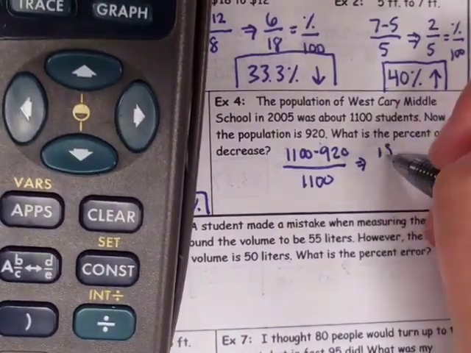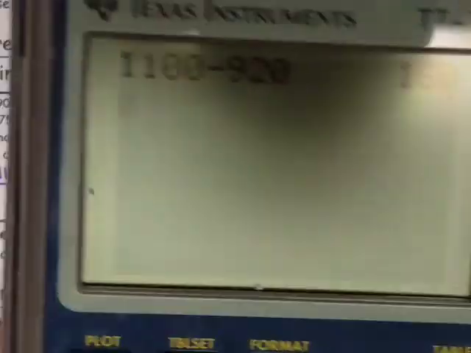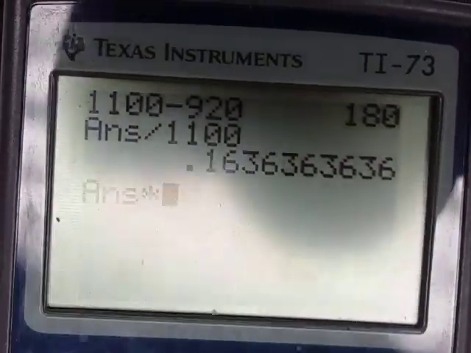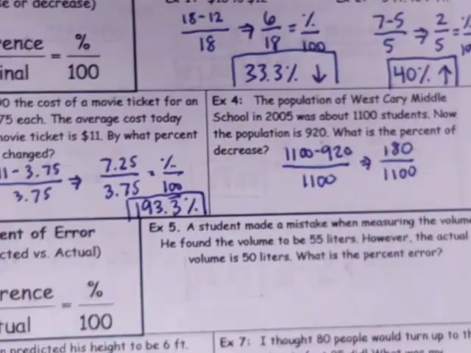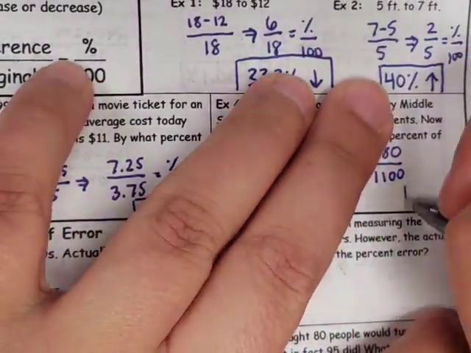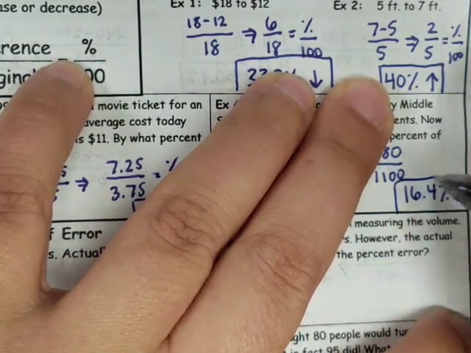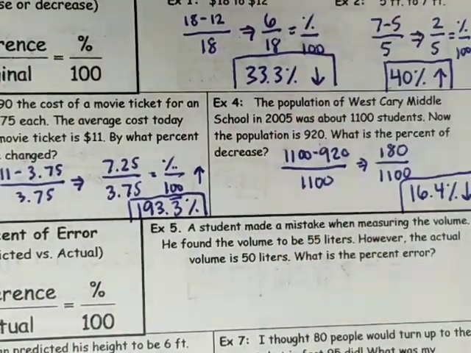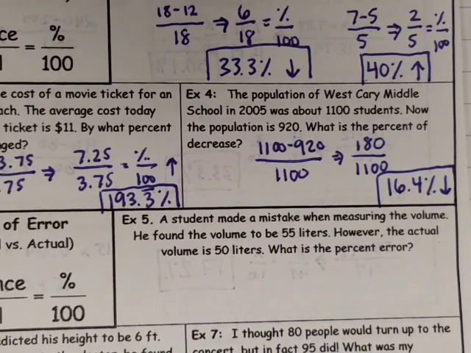So we went down by 180 students over our original population of 1,100. Then multiply that times 100, and that gives me about a 16.4% decrease. Okay, so that's how you do word problems when you're talking about percent change.